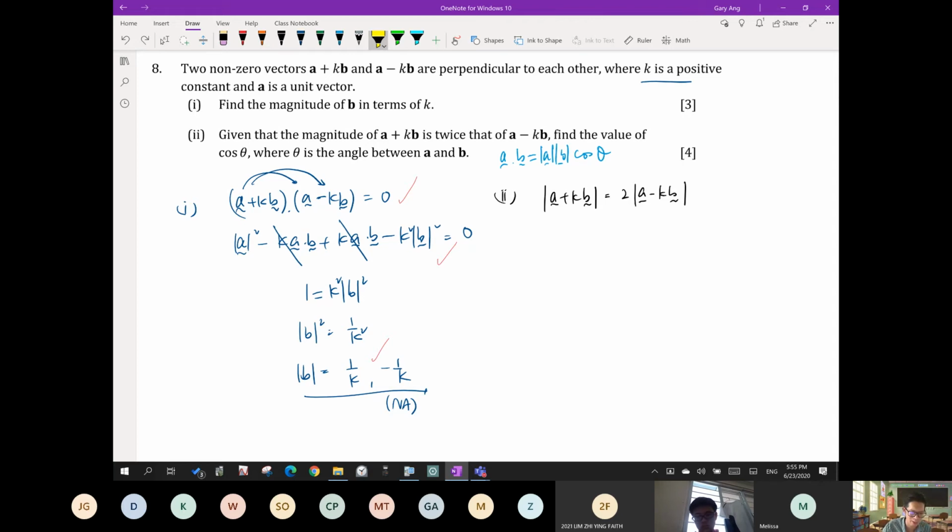You already saw it happening, and that is this one: A dot A equals mod A squared. When you do A dot A, you never blink, you just say, okay, it's normal, it's obvious. But now when you suddenly face it like this, there's a difficulty in trying to see what's going on.